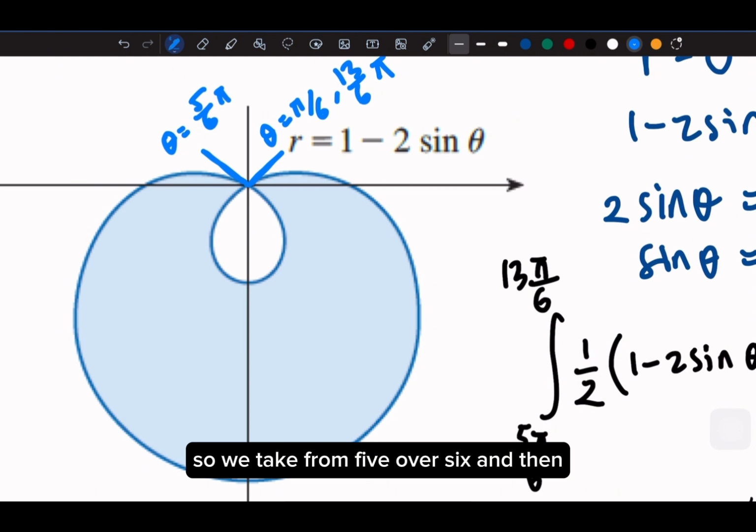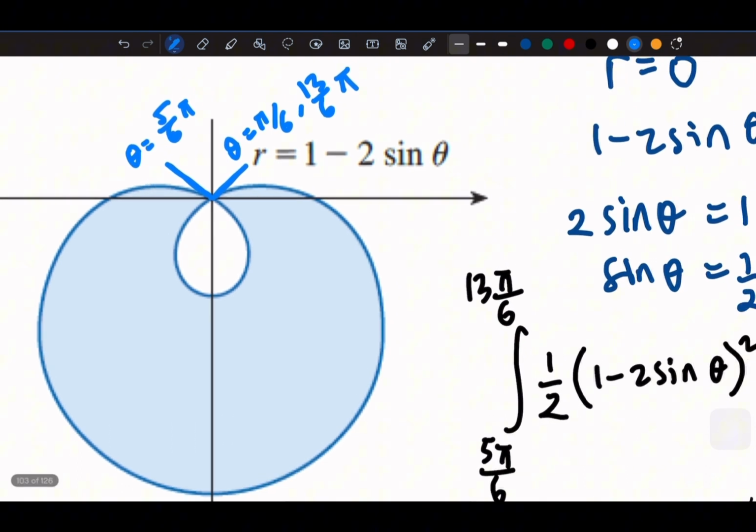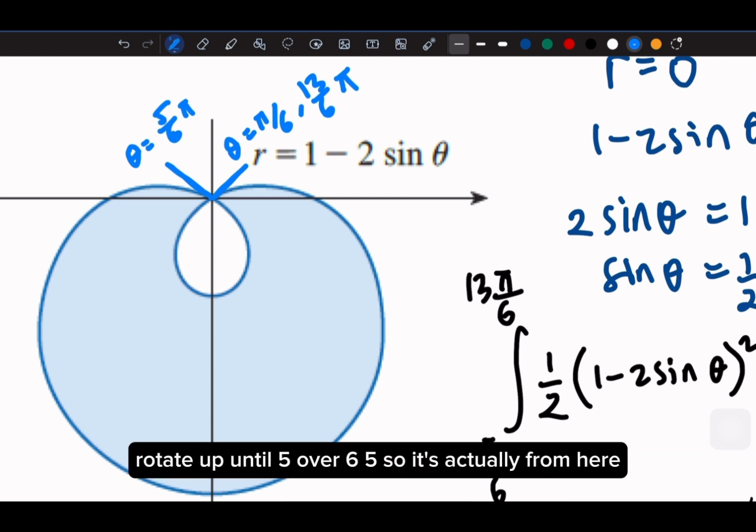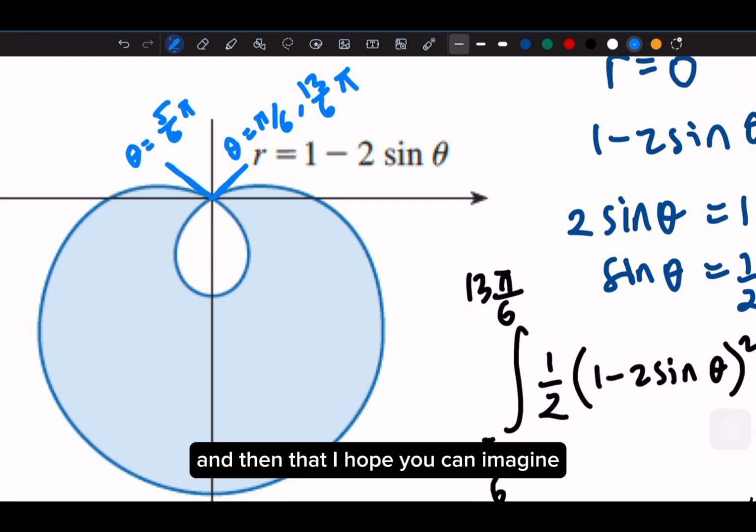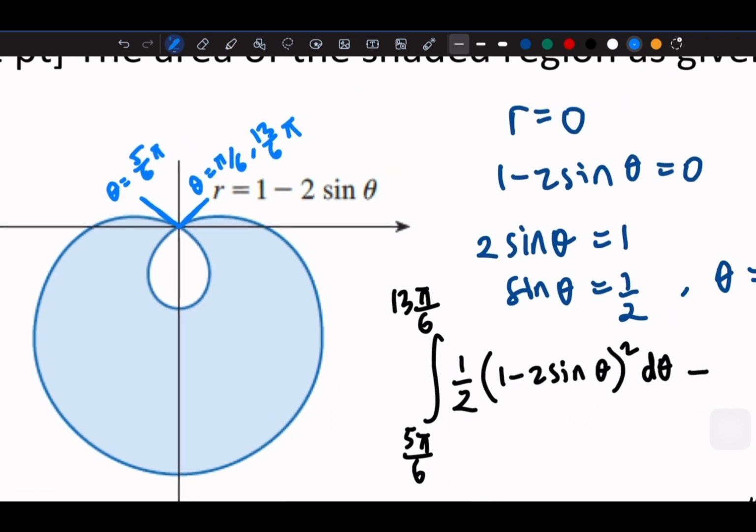So we take from pi/6, and then we are going to rotate up until 5/6 pi. So it's actually from here, and then there. Okay, I hope you can imagine. So that will be the loop.